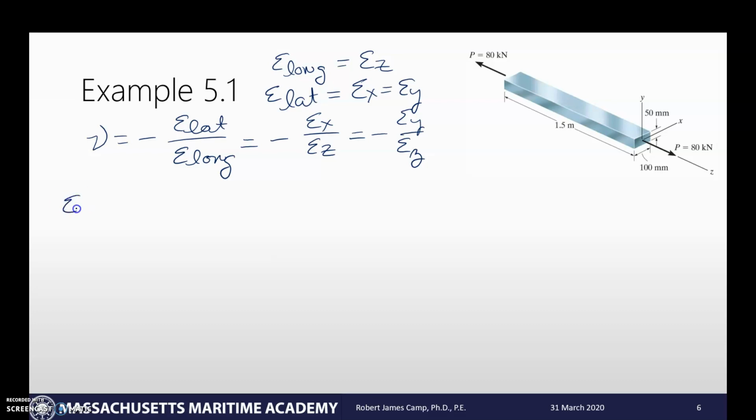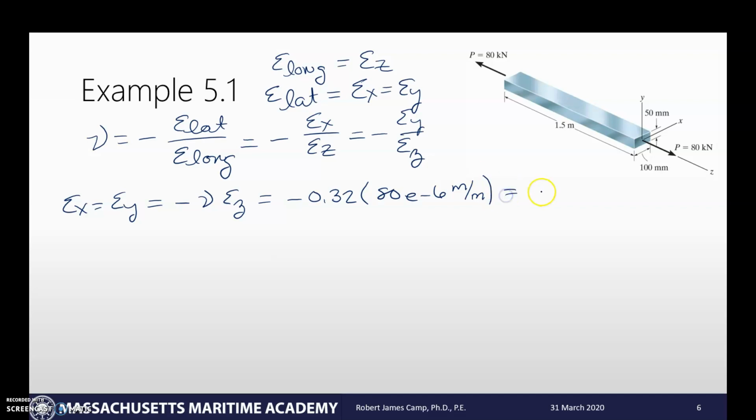So if I rearrange this, the strain in X is going to equal the strain of Y, which is going to be negative Poisson's ratio times, I almost wrote out the longitudinal, but the longitudinal is epsilon Z. So negative 0.32 times our 80 times 10 to the negative 6 meter per meter.